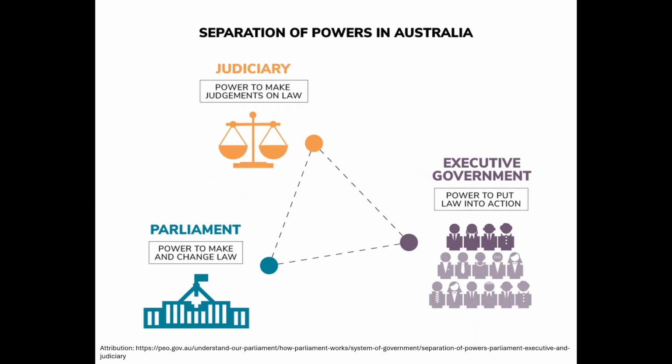Another important part of Australian democracy is the principle that the power to make and manage laws should be shared between different groups to avoid one group having all the power.